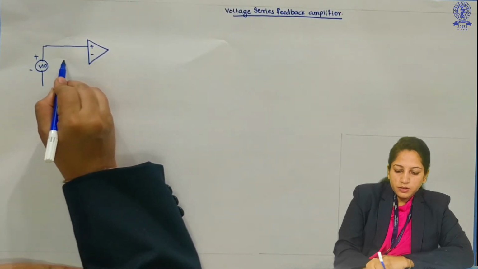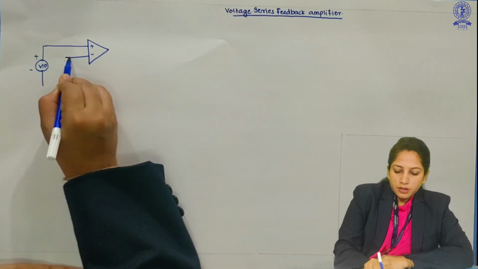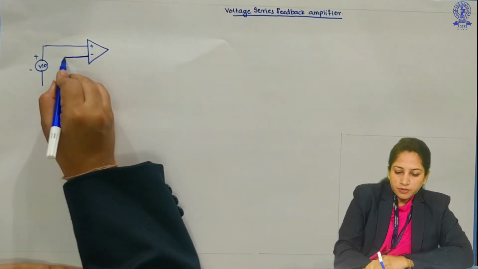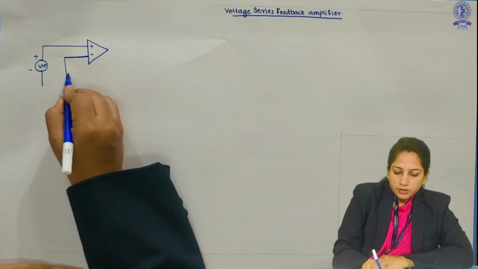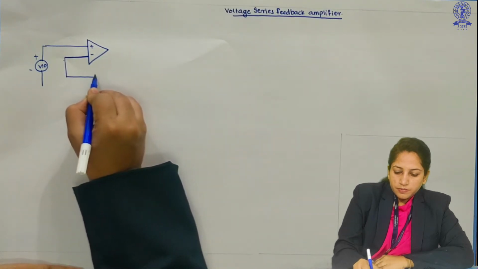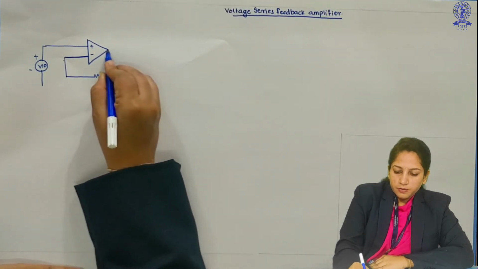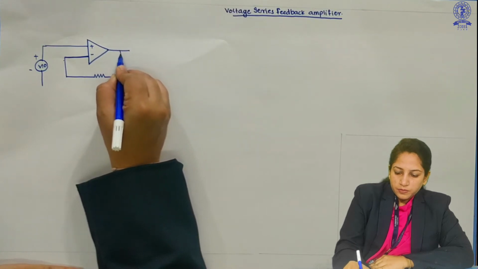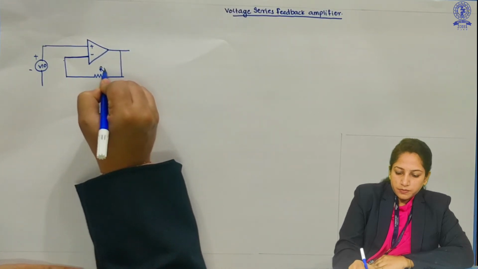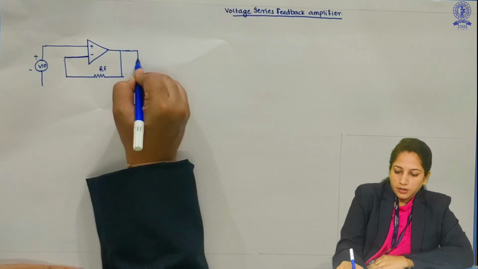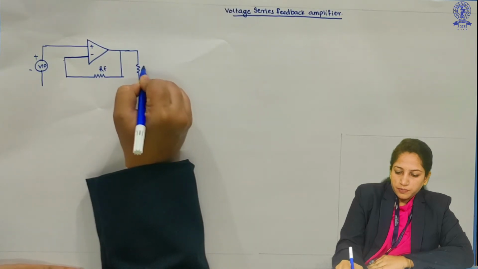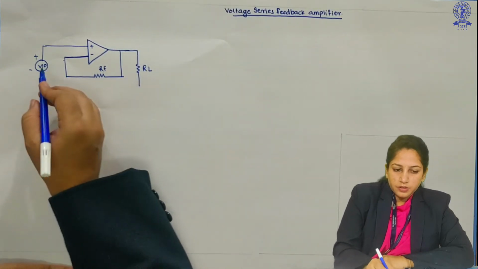And from the inverting terminal, as this is voltage series, I will give here series RF, and here will be the RL resistance.